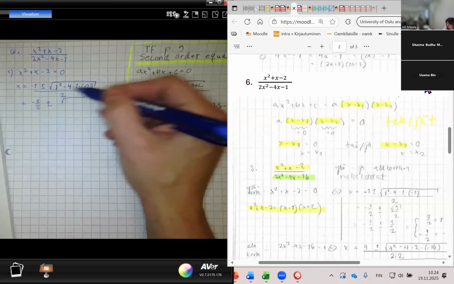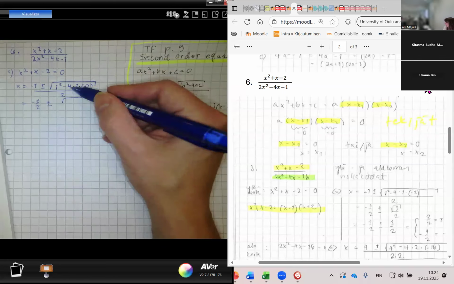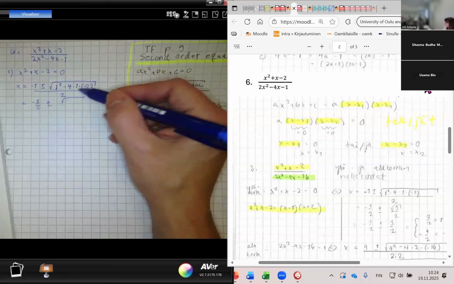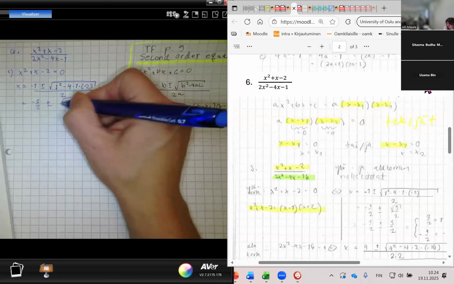It needs to be 4 times 2. It becomes a positive sign because there are 2 minuses. So I actually get square root of 9.